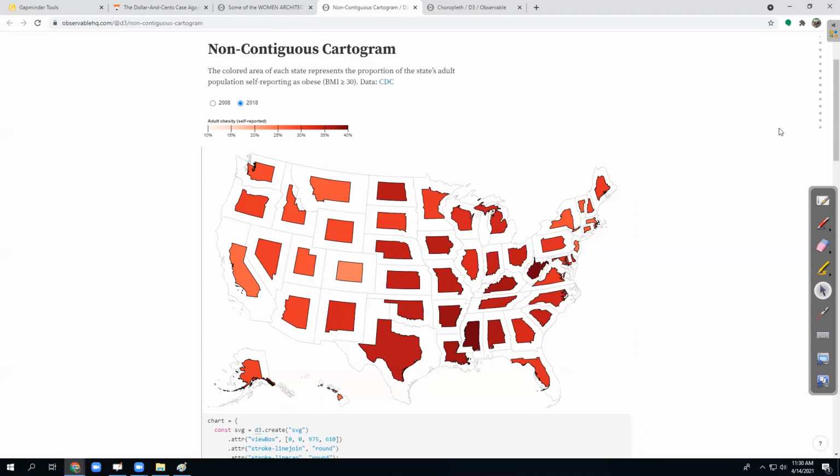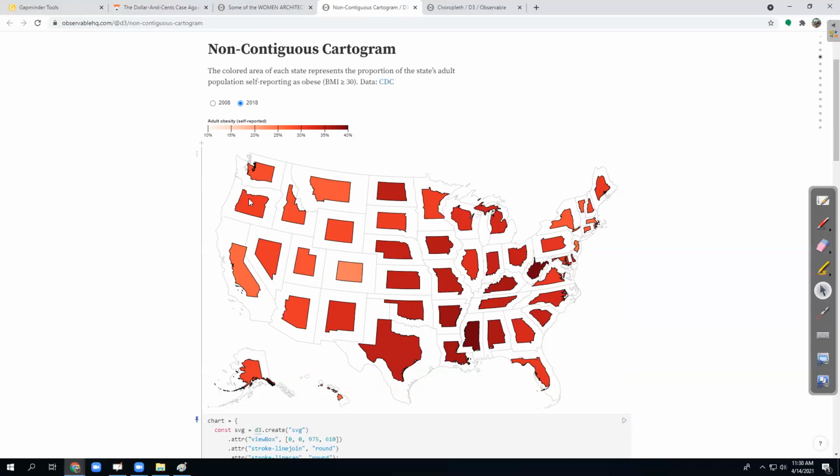There are lots of BMI calculators out there where you just plug in your height and your weight and it figures it out for you. Darker colors mean there's a higher percent of obese people based on the BMI index in that state, and lighter shades mean there's less obesity in that state.